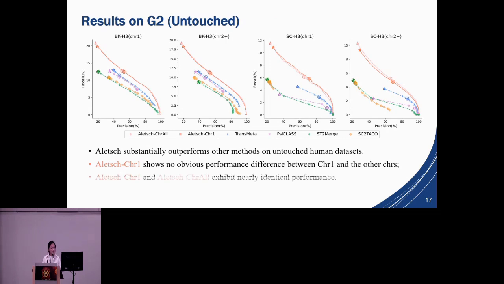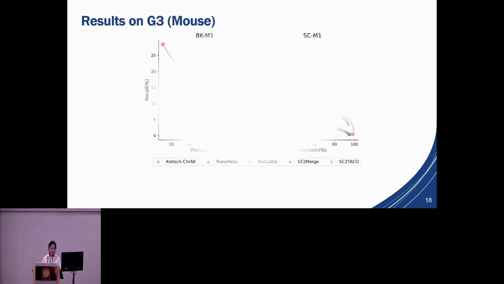Also, Aletsch-CHROM1 and Aletsch-CHROM-all exhibit nearly identical performance. This is good news because this observation strongly indicates that there is no data leaking in our experimental setting, because otherwise one would expect a significant drop or boost under different scenarios.